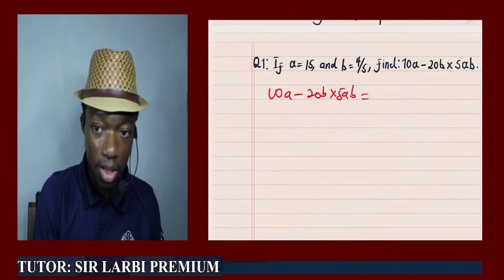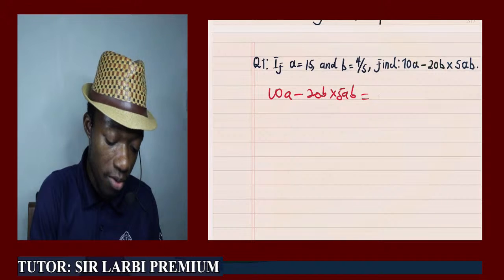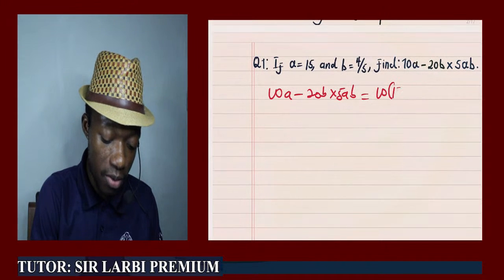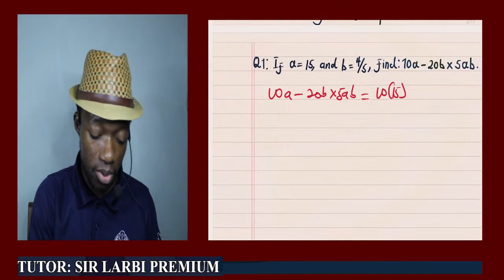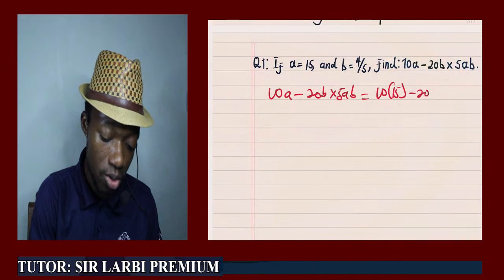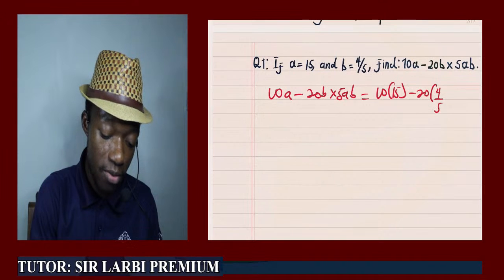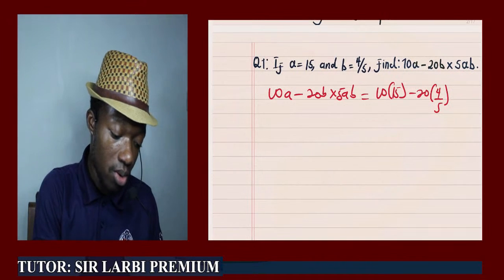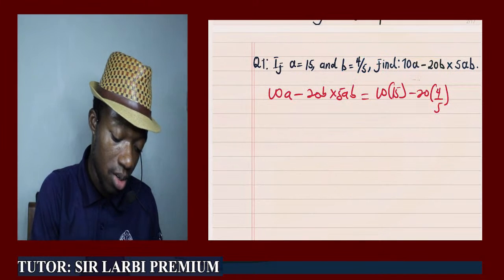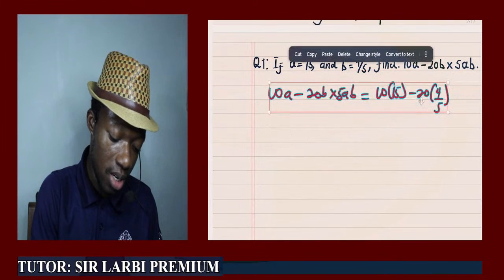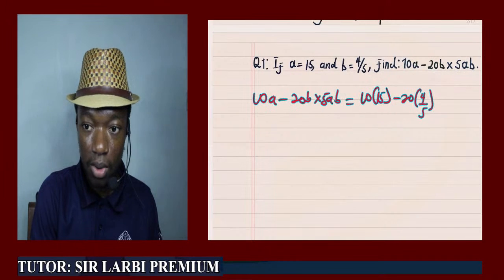We just have to do substitution. I know a is 15, so I'll have 10 multiplying 15. I know b is 4 over 5, so I bring in 20 multiplying 4 over 5. The next thing is also substituting the value of b again in the remaining part of the equation.